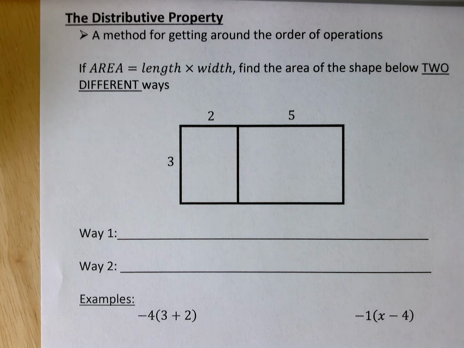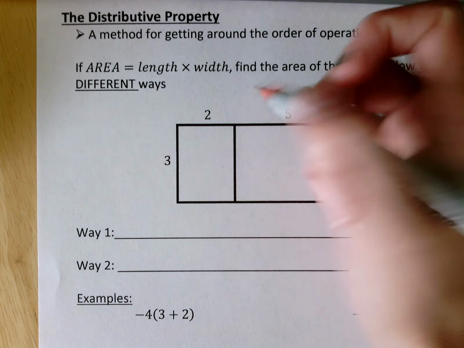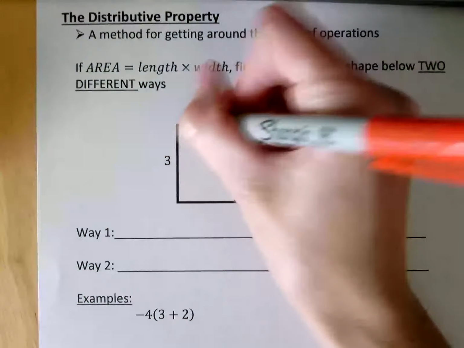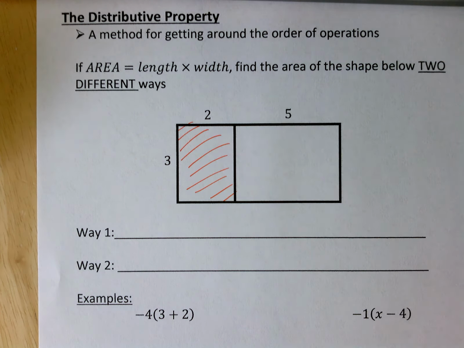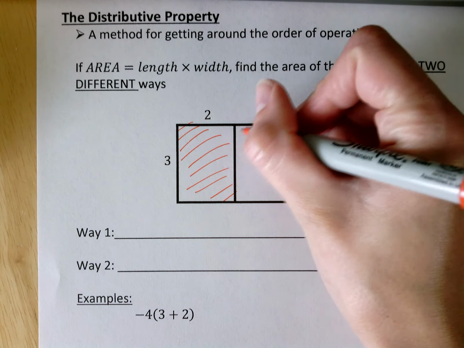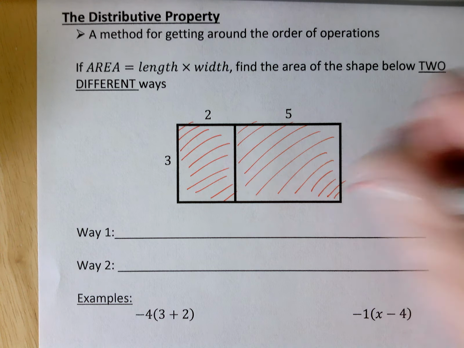So two different ways to find the area of this rectangle. We know that to find area, you do length times width. There's two different things that we could do. The first thing is that I can find the area of this box right here, and then find the area of this box here, and then add them together, right?